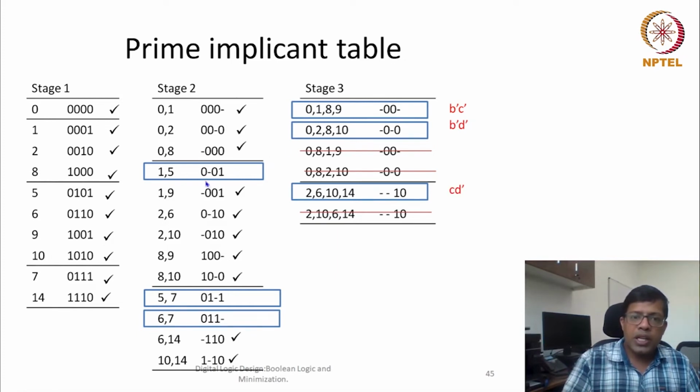Okay, this one can be written as A dash, C dash, D, and this one can be written as A dash, B, D, and this one can be written as A dash, B, C. So this is how we can find the product term for each of these groups.